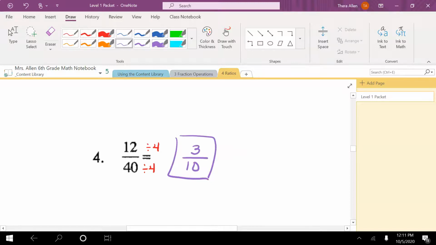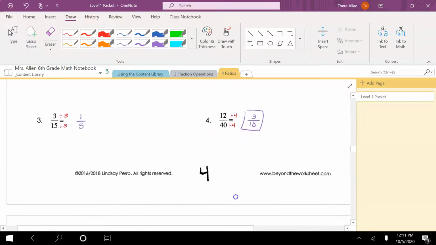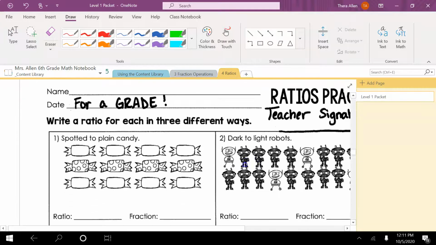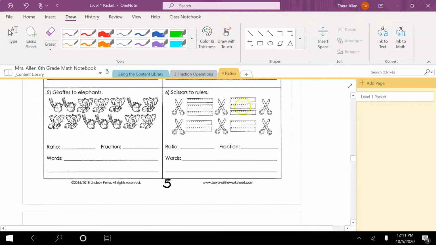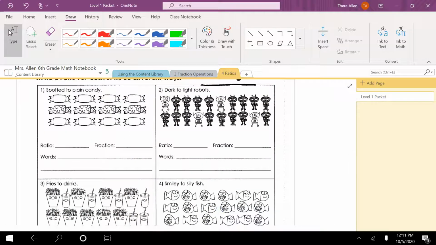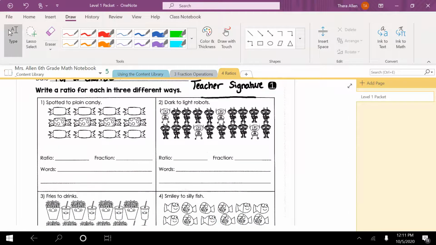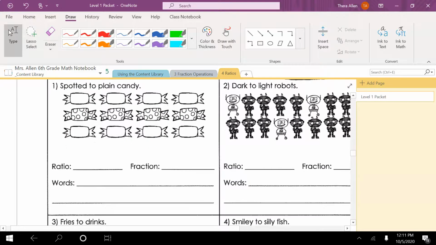When you move on, the next sheet that you're going to be looking at, this is for a grade. So you will be completing number 5. You're going to write it in as a ratio, as a fraction, or in words. So I'm going to do one with you to show you how I want this done.